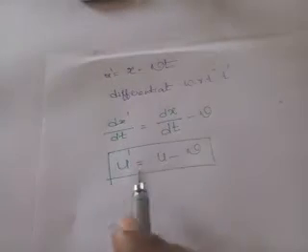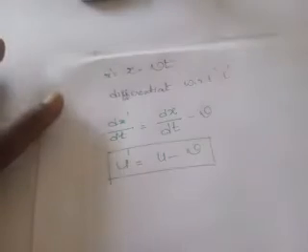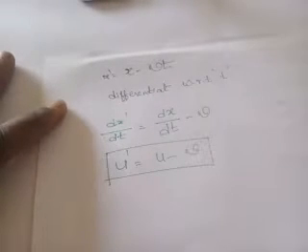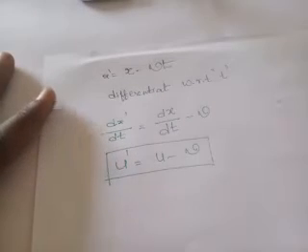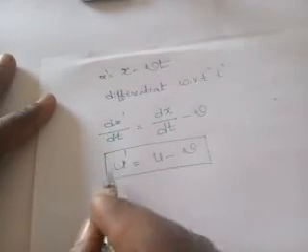This is the equation which represents the velocity with respect to the S dash frame.